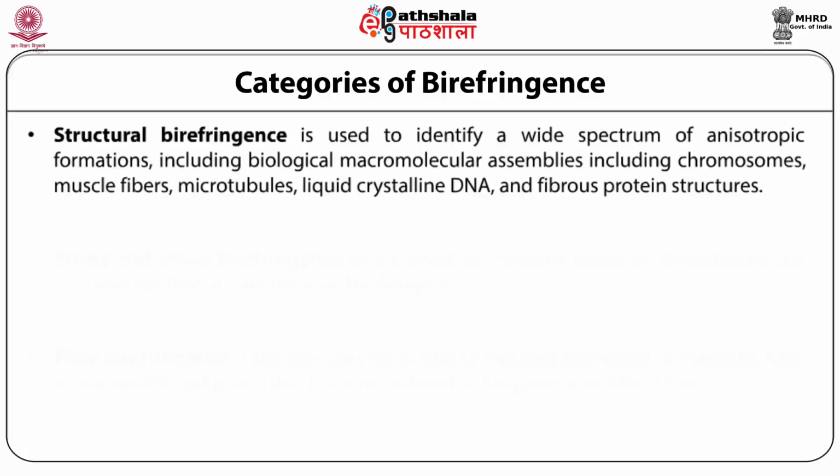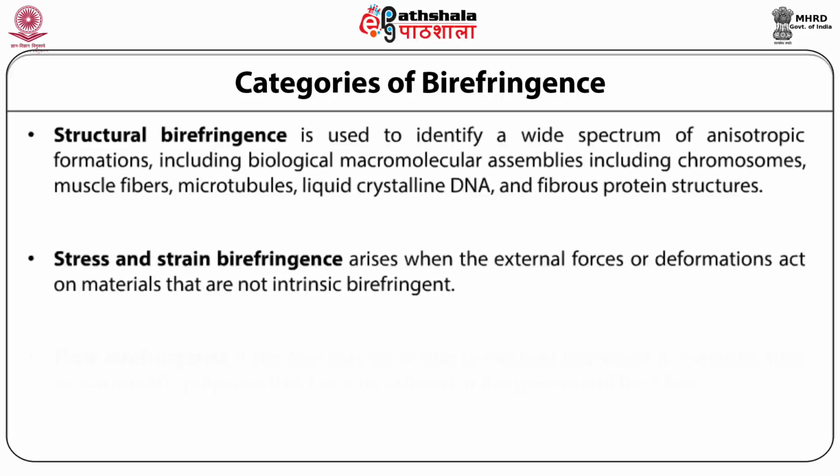Unlike many other forms, structural birefringence is sensitive to the refractive index fluctuations or gradients present in the surrounding medium. The synthetic materials, including fibers, long chain polymers, and composites, exhibit structural birefringence.